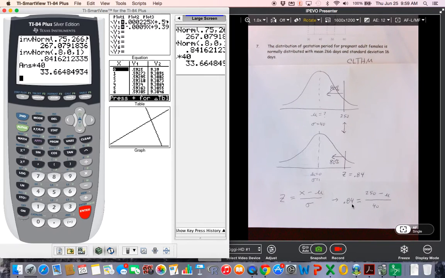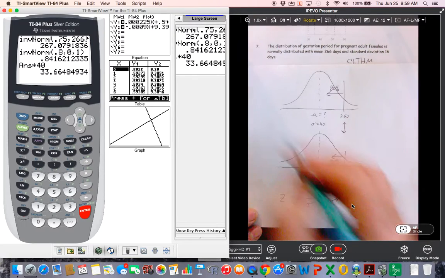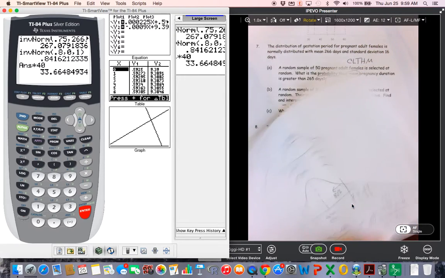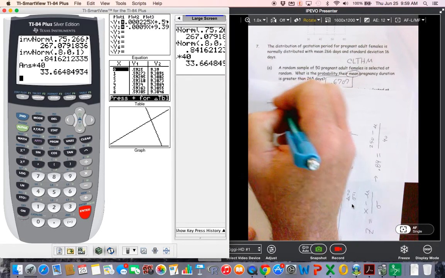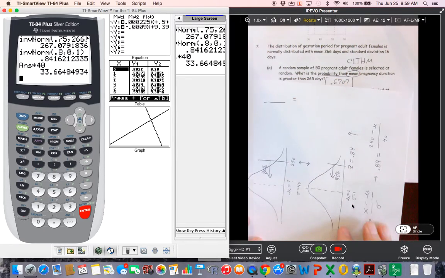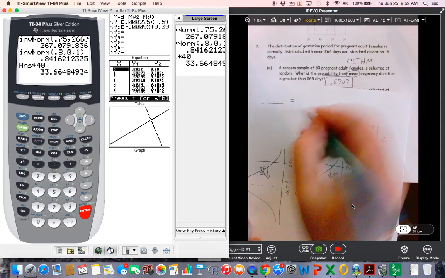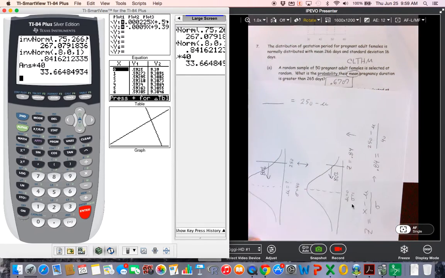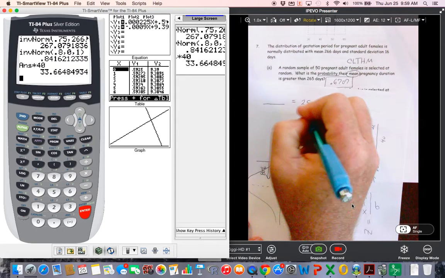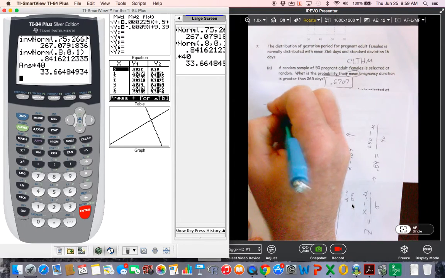So what I'm left with now is the number that I have in my calculator, and the right-hand side is 250 minus mu. So I know I need to subtract 250 from both sides.